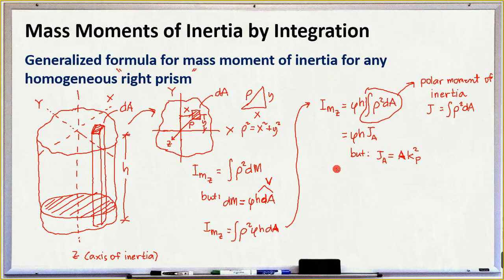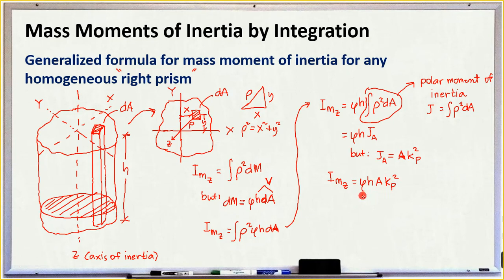Therefore, the mass moment of inertia of this homogeneous right prism is equal to the density times the height times the area, and then k_p squared. Again, k_p squared is the polar radius of gyration.